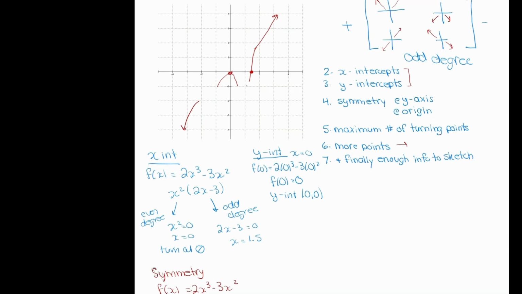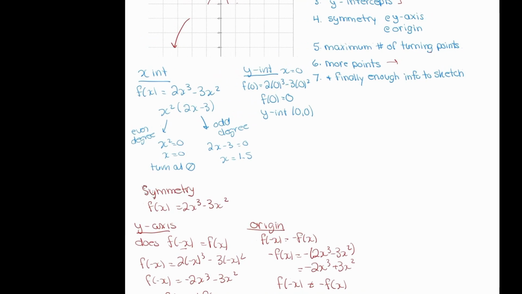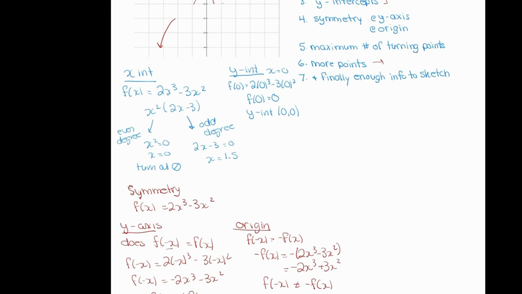Now we want to figure out how many turning points this is going to have. I'm going to change the color of my pen just to keep everything straight, and I'm going to go back and number these after. So now we want to know the number of turning points. Where does this turn around?